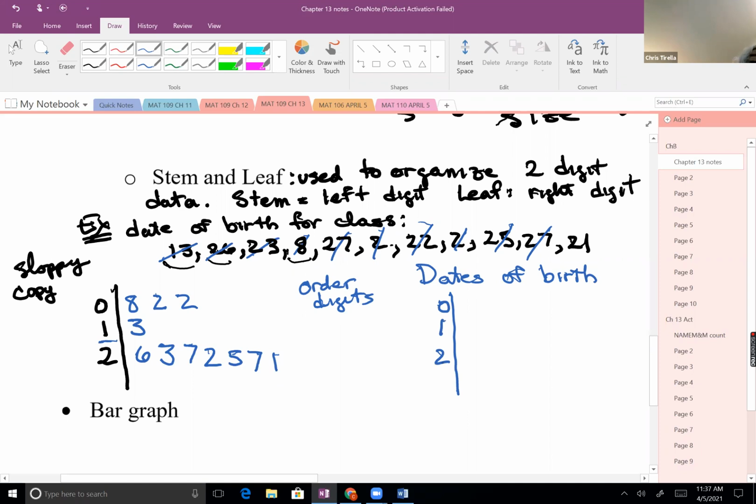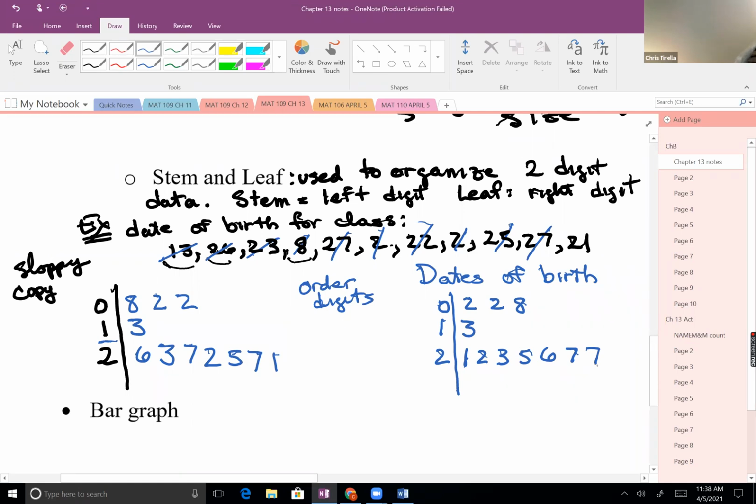But then my leaves, do you see how the first one, they're not in order from smallest to largest? So I'd go 2, 2, 8, just reordering them. Next to the 1, I'd put a 3. And then let's see if I put the 20s in order. First, it would be 1, then 2, then 3, then 5, then 6, then 2 7s.